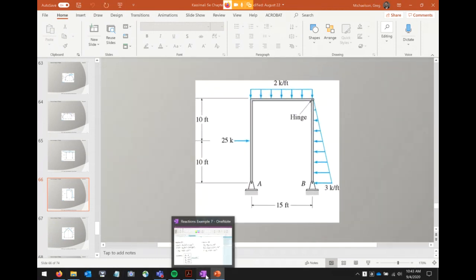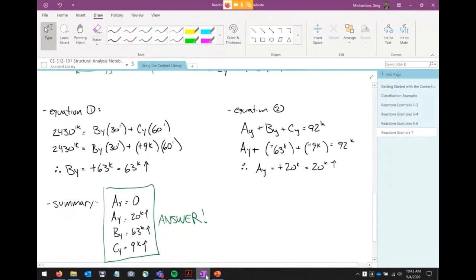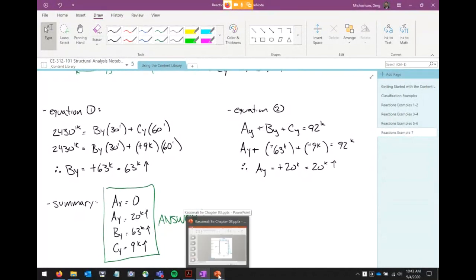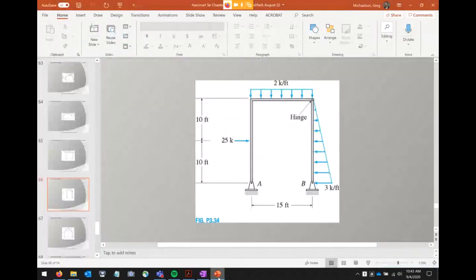All right. Well, first off, does anybody need me to go back to the notes? We'll take that as a no. Here's your homework problem. This is problem 34 in the book.